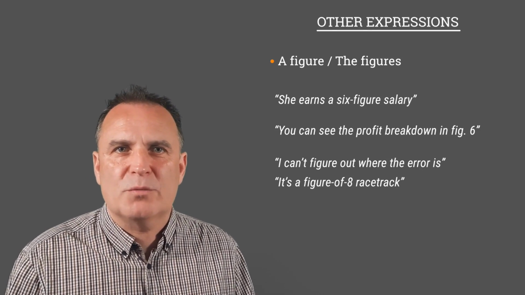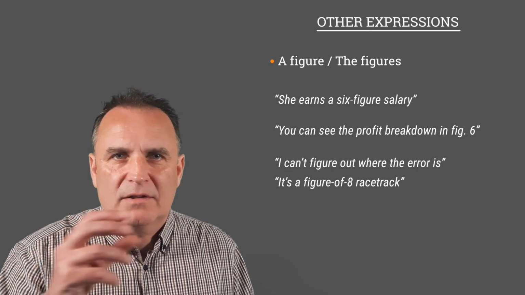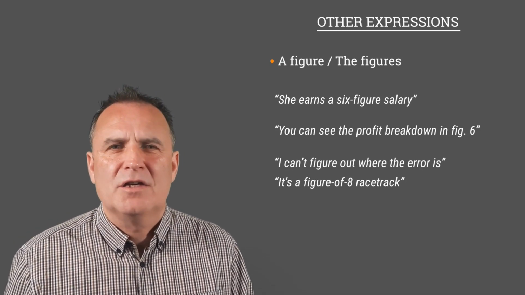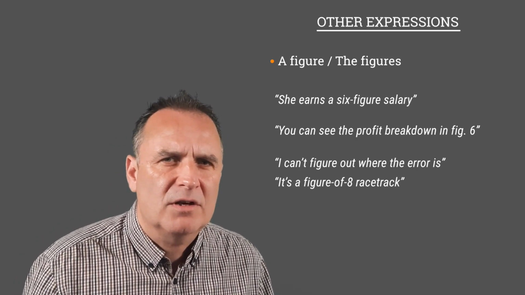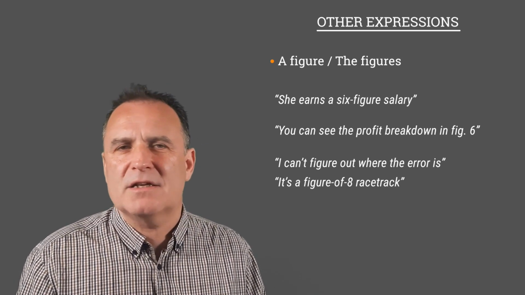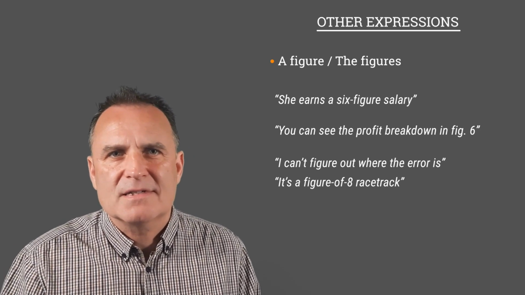But we also use the word figures as a more literal way of speaking about the exact number on the page. For example, you might say, she earns a 6-figure salary. What does that mean? That means that her salary has 6 figures in it, 6 numbers, 6 digits.